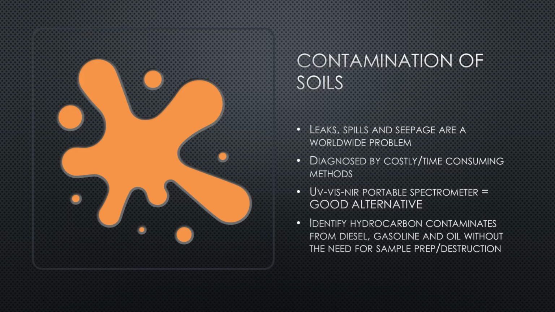It's a good alternative because in about 3 seconds, your spectral data appears and you don't have to prepare or destroy your sample. Throughout this presentation, we will be focusing on hydrocarbon contaminants like diesel, gasoline, and oil.